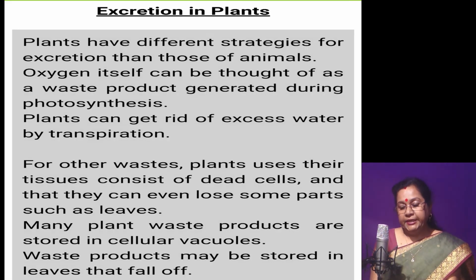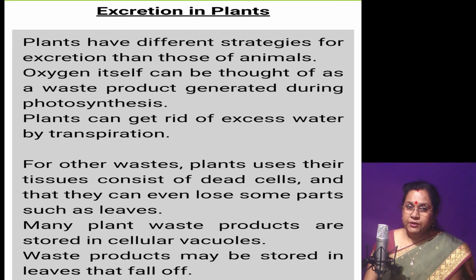Now, the excretory system in plants is absent, but excretion occurs in the plants. Certain wastes in the form of gaseous, solid, and liquid waste are also formed in the plant.